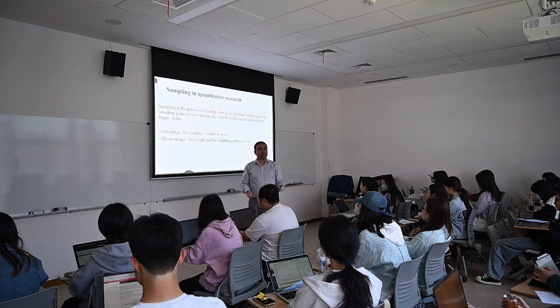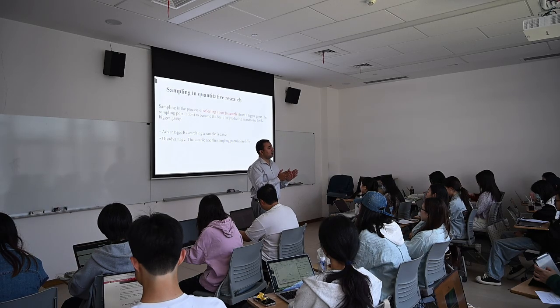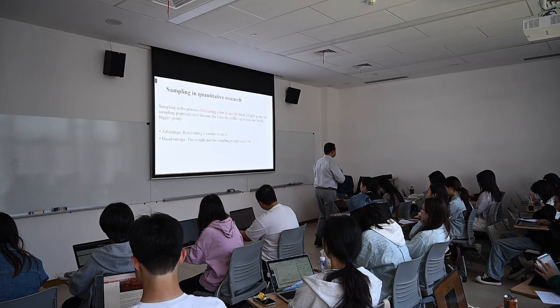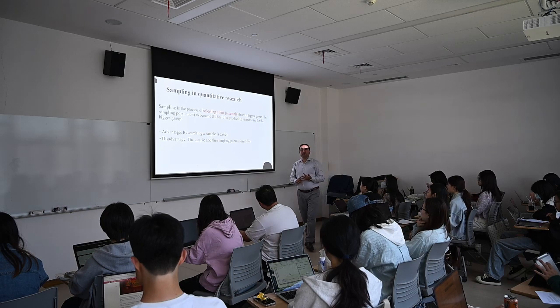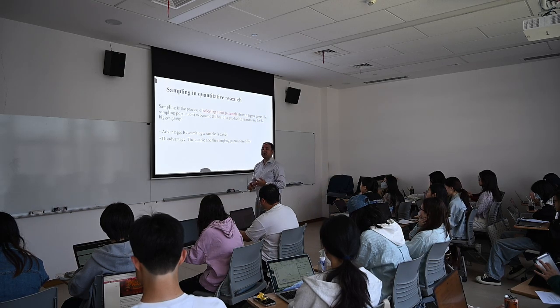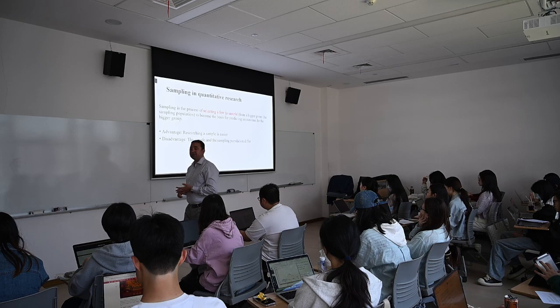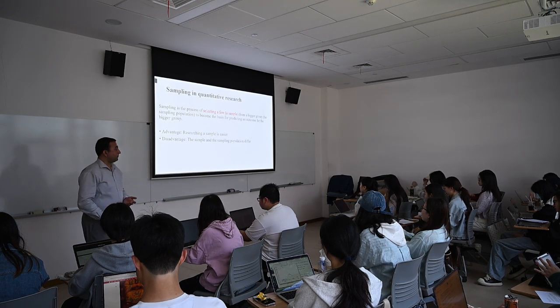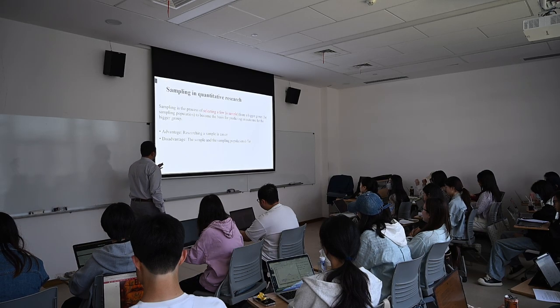It is easier to collect data from a few respondents instead of the overall study population. It is less costly. You don't need to spend a lot of time, or a lot of financial and human resources, in order to collect data from a sample or to do research about a sample.